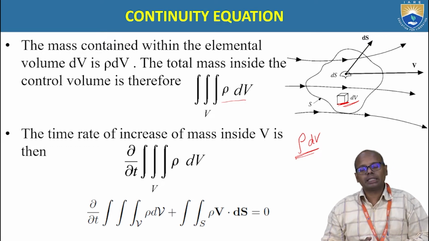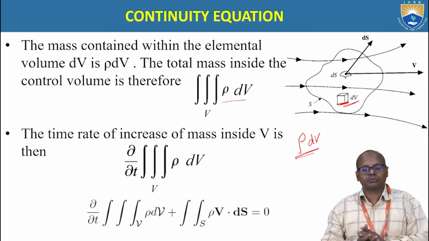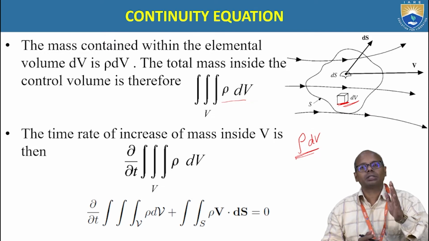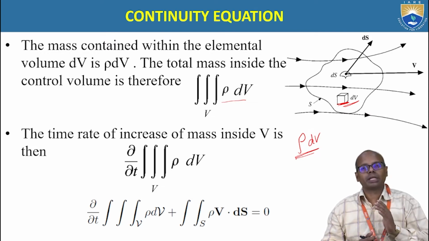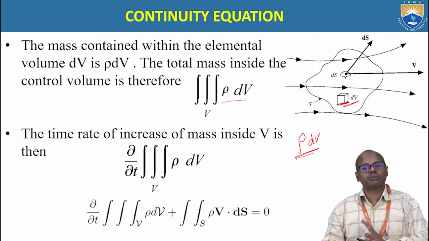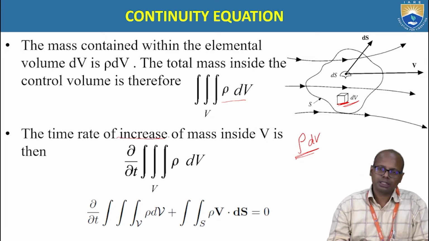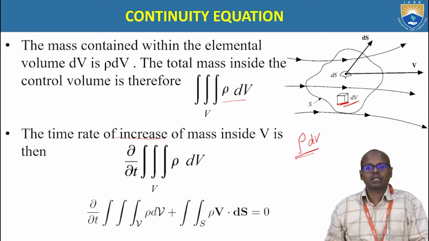Now what I need is the change per unit time, the rate of change of the mass, the increase of the mass or decrease of the mass. Here it is called increase, but it can be increase or it can be decrease.